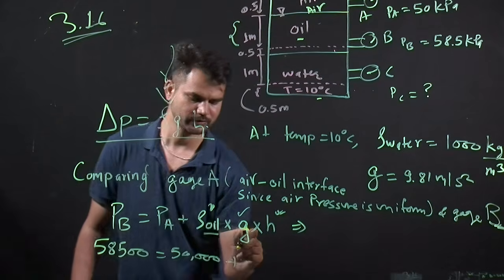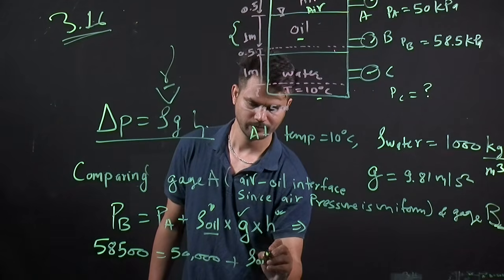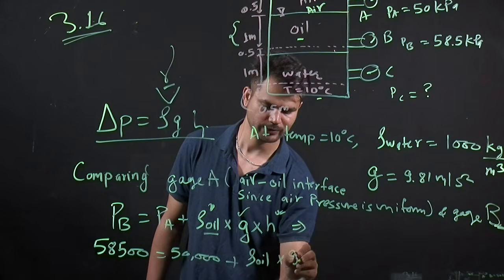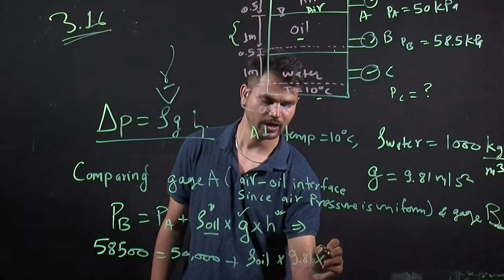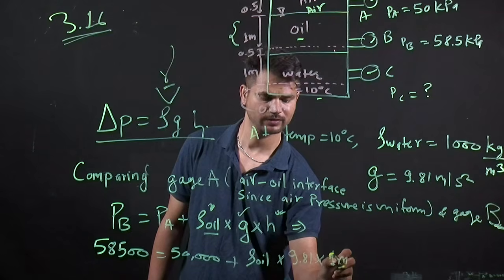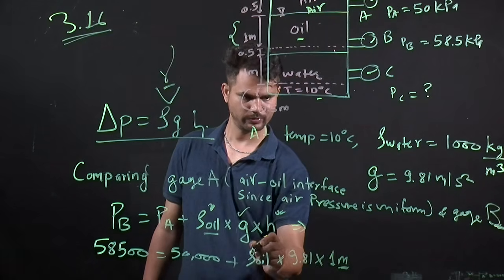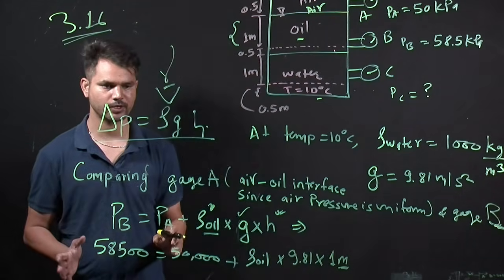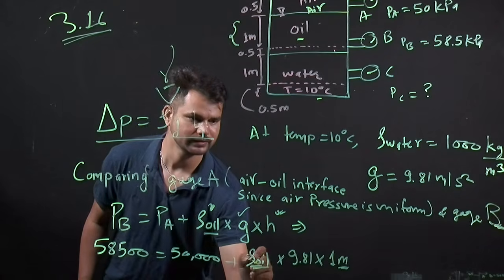We don't know this rho, and we know 9.81 G, and our H is 1 meter. So based on this, we just need to compute the density of oil.